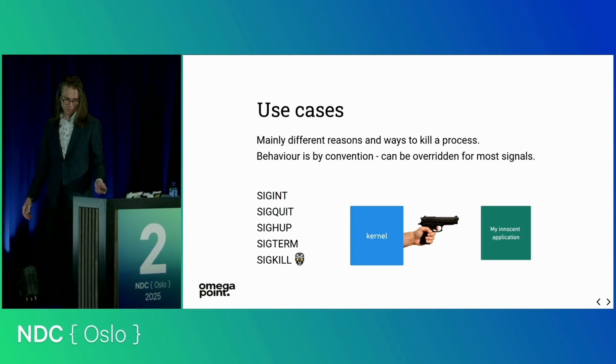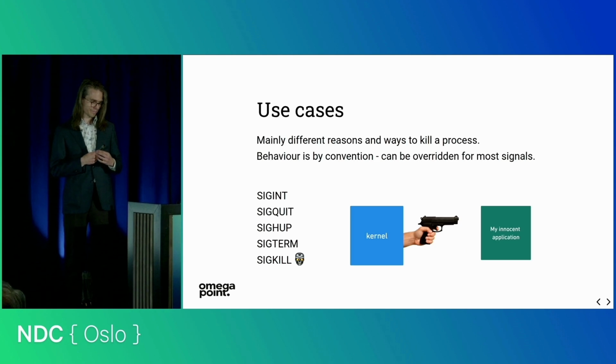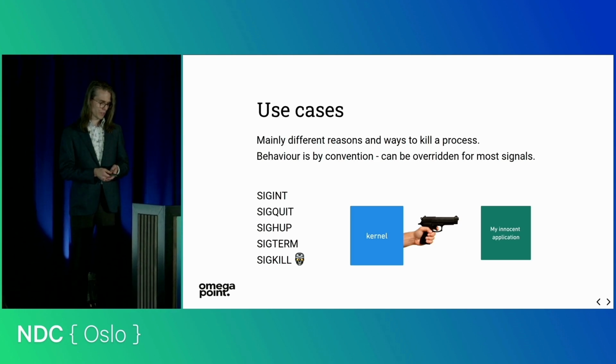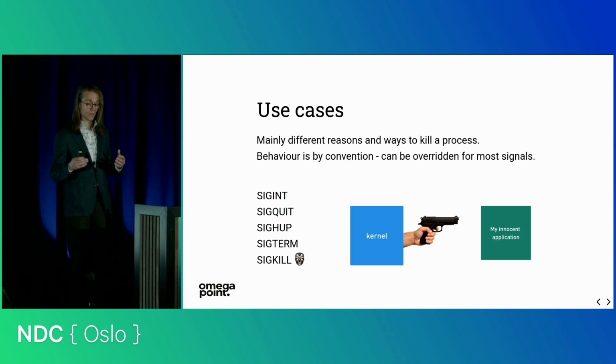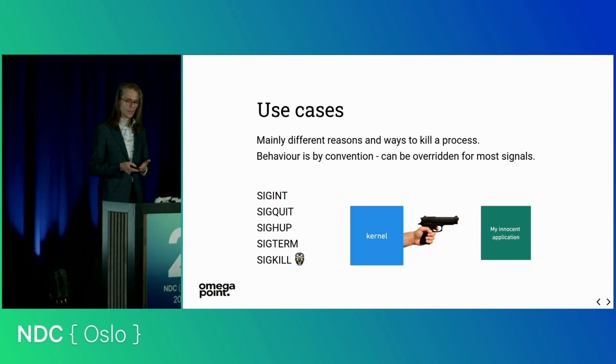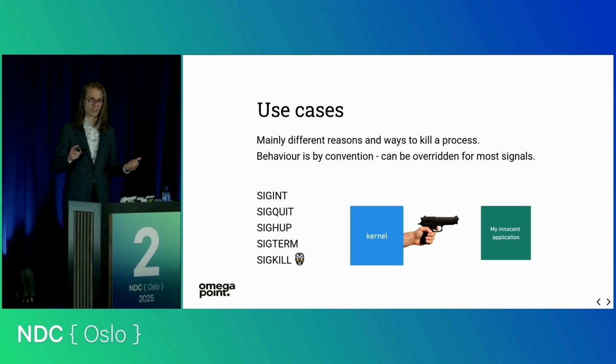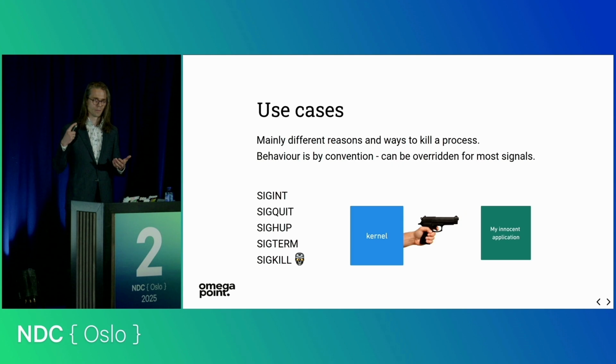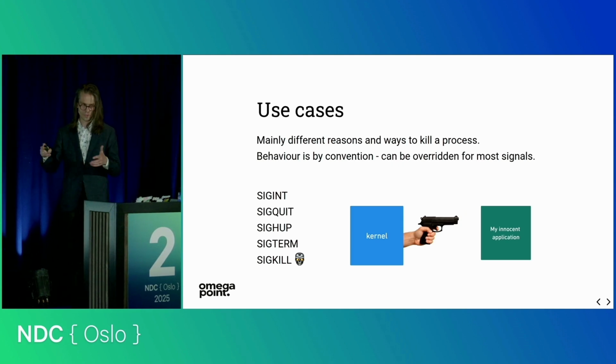And the behavior that I'm going to list is by convention, and almost all signals can be overridden if you have a signal handler. SIGKILL is the only one of the more common ones that you can't trap, you can't catch it. It will always trigger a termination where the kernel just does that.